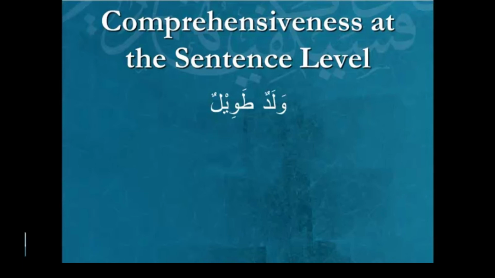But for now, just look at the two words, and they are matching in all possible ways, that they're both singular, they're both masculine, and they both do not have al at the beginning of it, but instead both of them end in a double dhamma, so waladun with the n sound and tawilun with the n sound. Okay, so when you do it in this way, the translation becomes tall boy. Tall boy. So there's a meaning coming from the word boy, and there's another meaning coming from the word tawil. There's a meaning coming from walad, and another meaning coming from the word tawil.